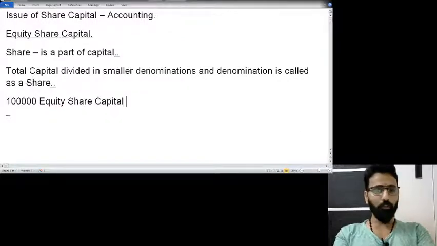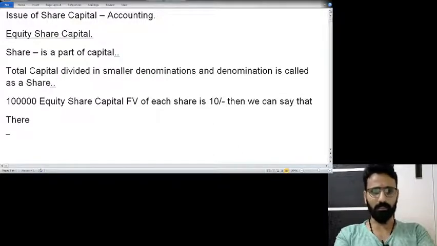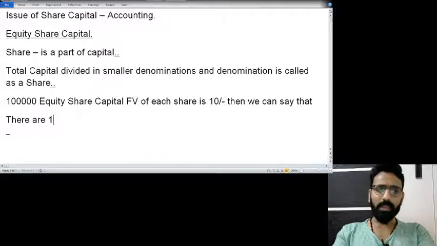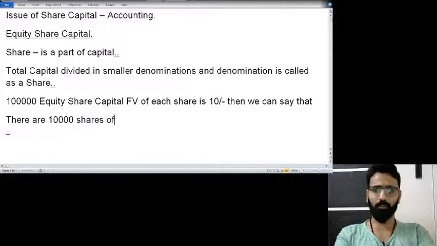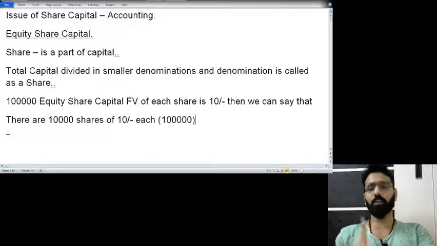Example, 1 lakh is a share capital, equity share capital, and face value of each share is 10 rupees. Then we can say that there are 10,000 shares of 10 each, total 1 lakh. Here each 10 rupees is a share.